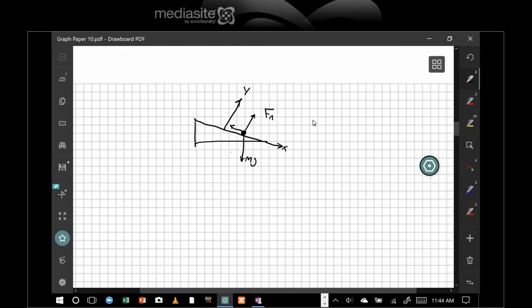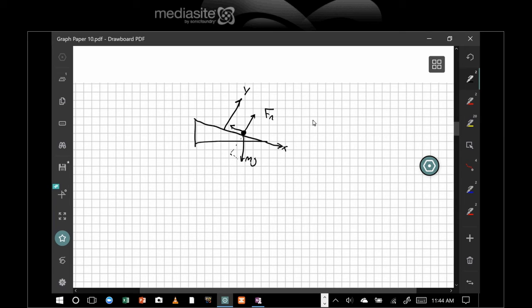However, now mg is not totally equal to the normal force. They're not in the same directions. So there's a small component of the normal force in that direction right there. Well, that is going to create a torque.